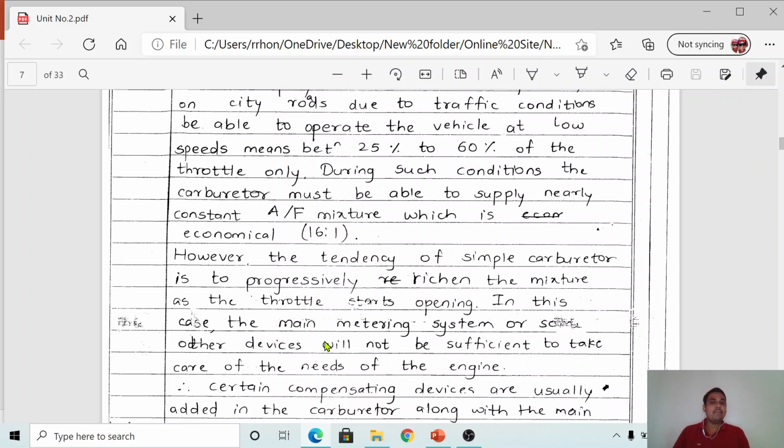In this case, the main metering system or other devices associated with the carburetor are not sufficient to take care of the needs of the engine.